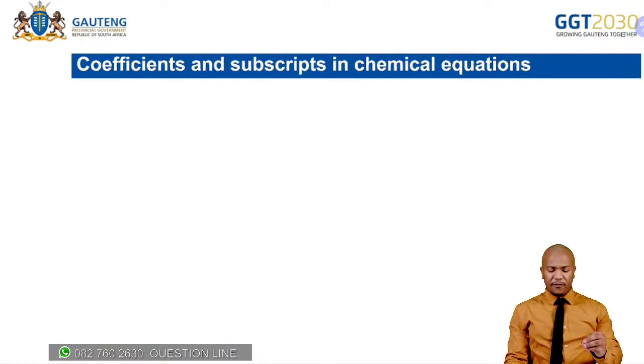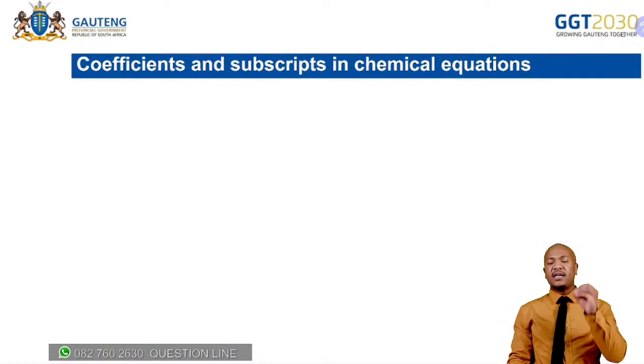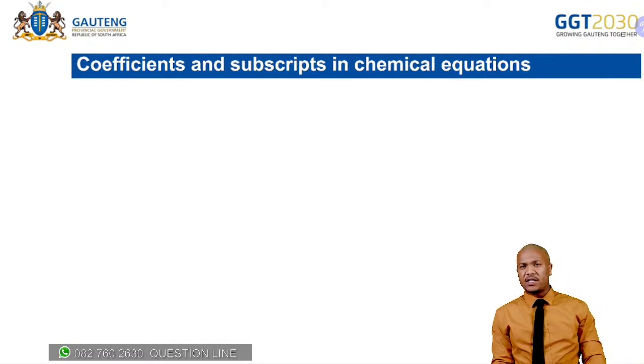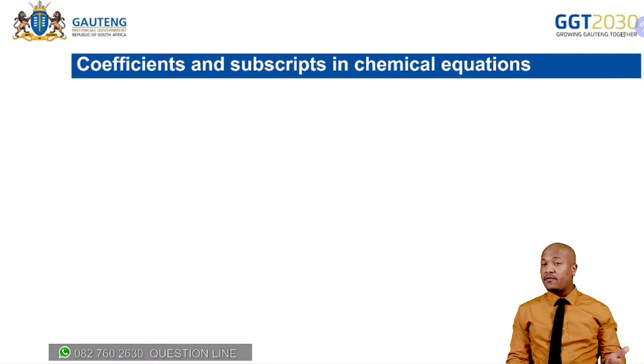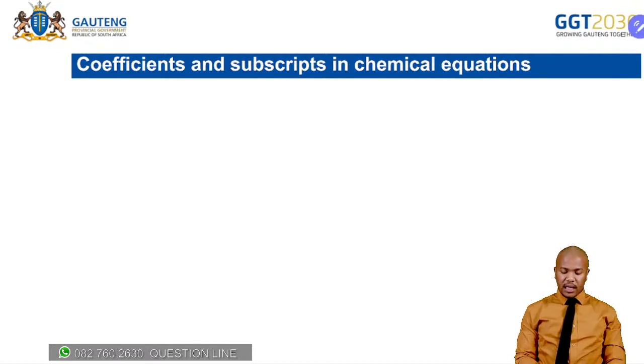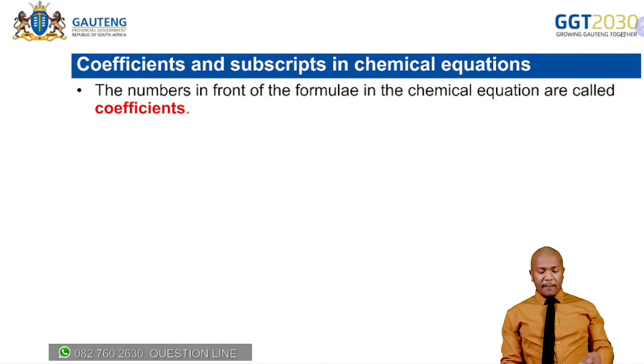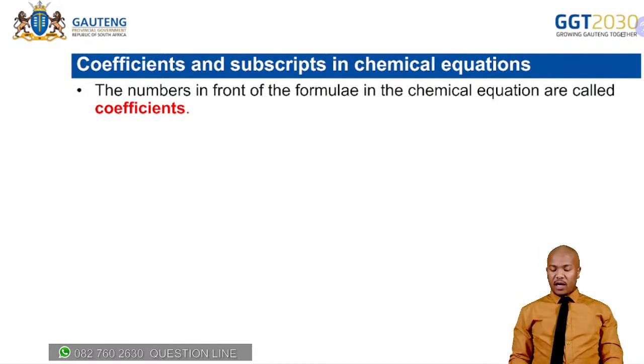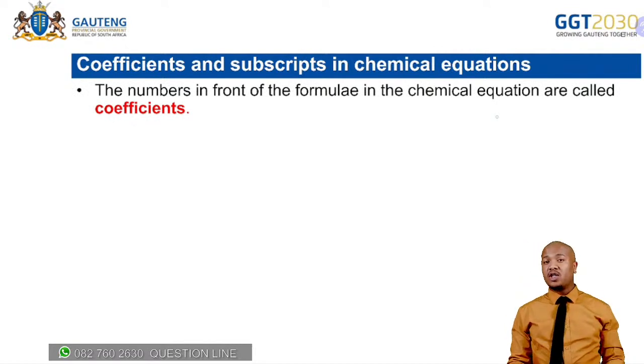Now, coefficients and subscripts in chemical equations. Remember, we talked about a coefficient being the number in front of the formulae. A subscript is the number next to the element or the atom, right? Now, the numbers in front of the formulae in the chemical equation are called coefficients.